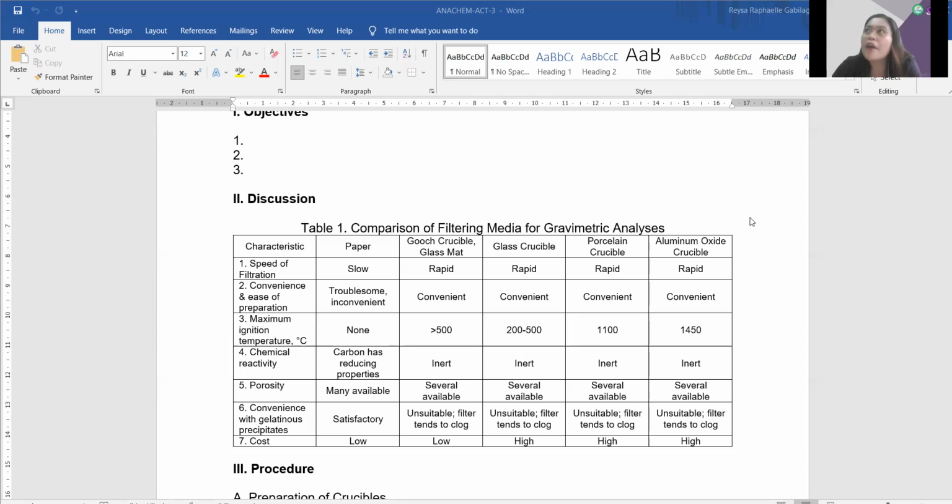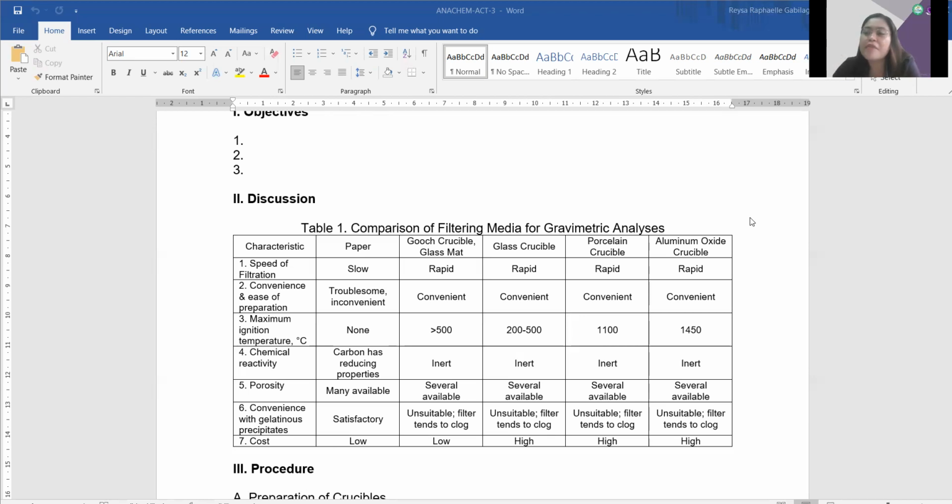Okay? However, the disadvantage of using these crucibles is that this cannot be used for gelatinous material, kasi the gel-like material will be plugged into the pores of the crucibles.